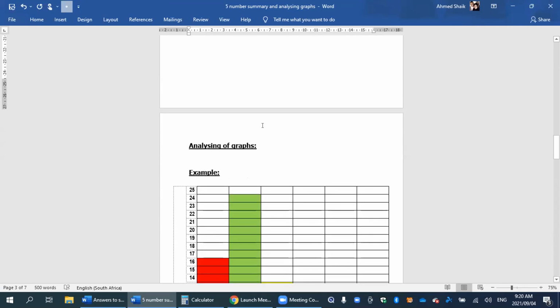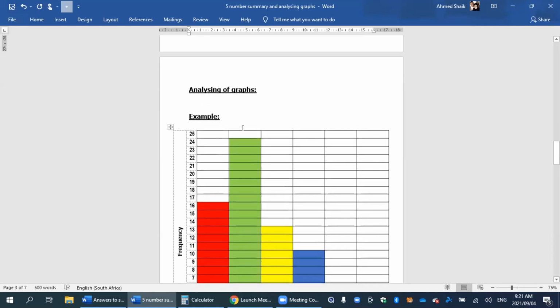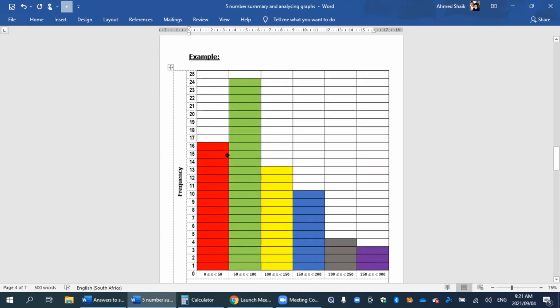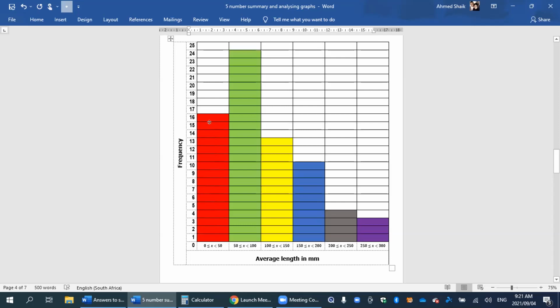Okay, we're moving to the next part of our lesson, which is analyzing graphs. I've put together this histogram with 1, 2, 3, 4, 5, 6 intervals. And we can see each bar has a different frequency. Our first interval, from 0 less than x less than 50, has a frequency of 16.